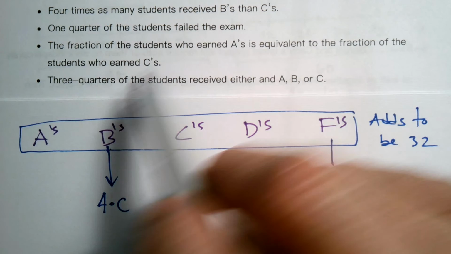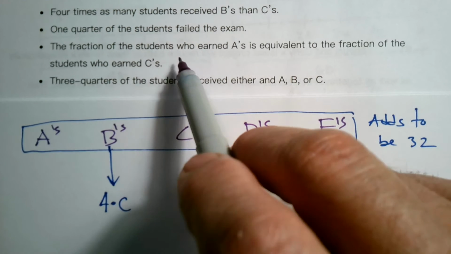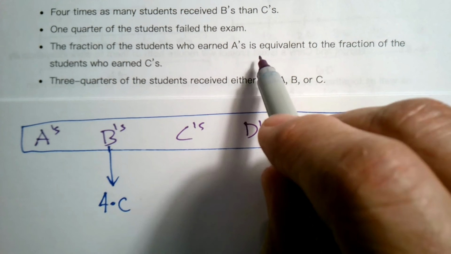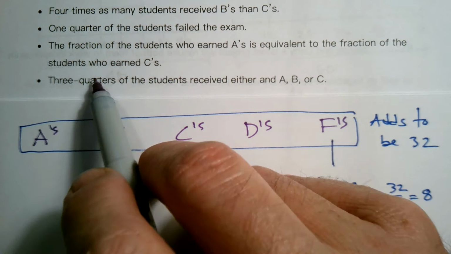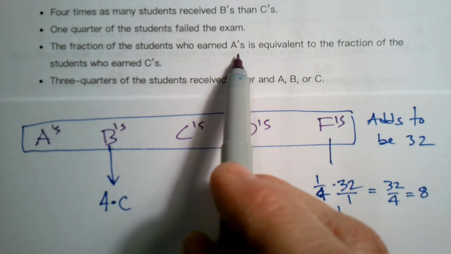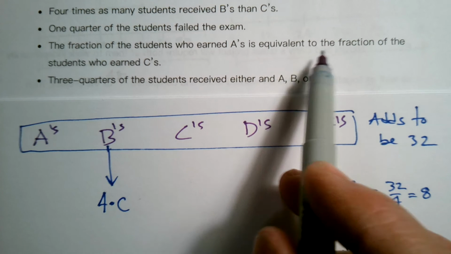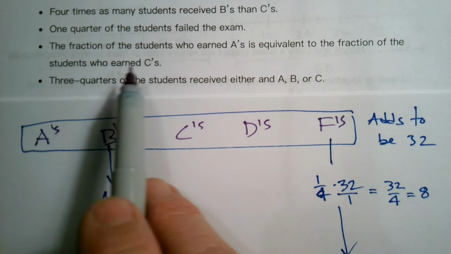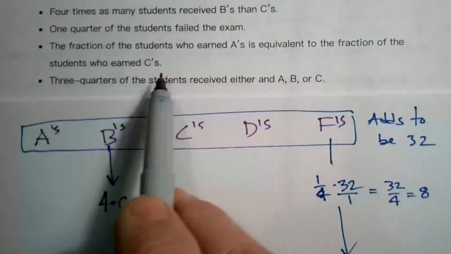Then let's see another clue. The fraction of students who earned A's is equivalent to the fraction of students who earned C's.